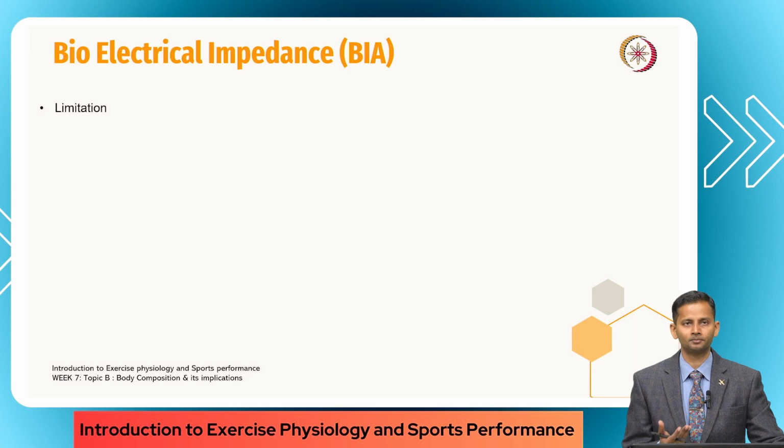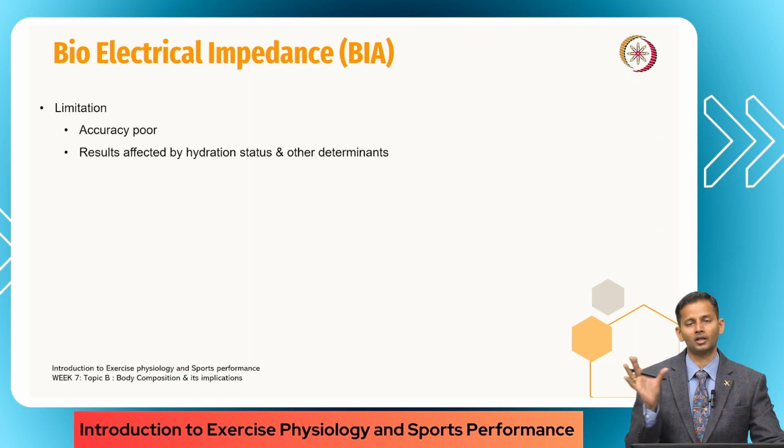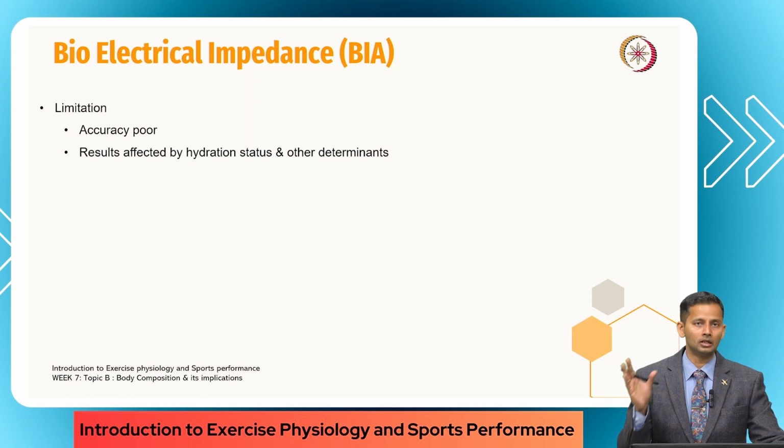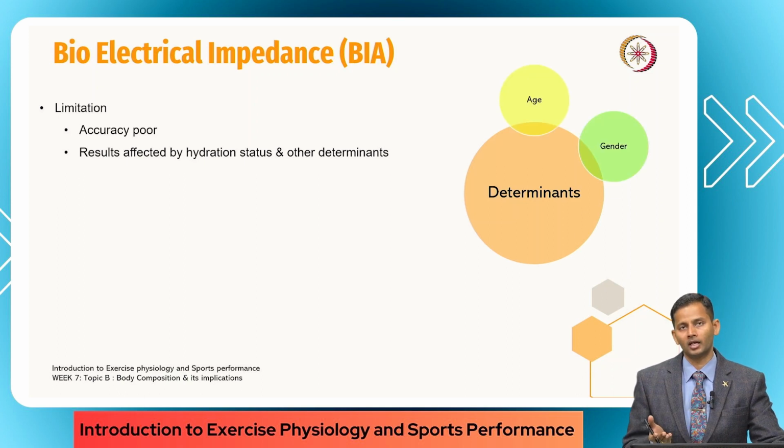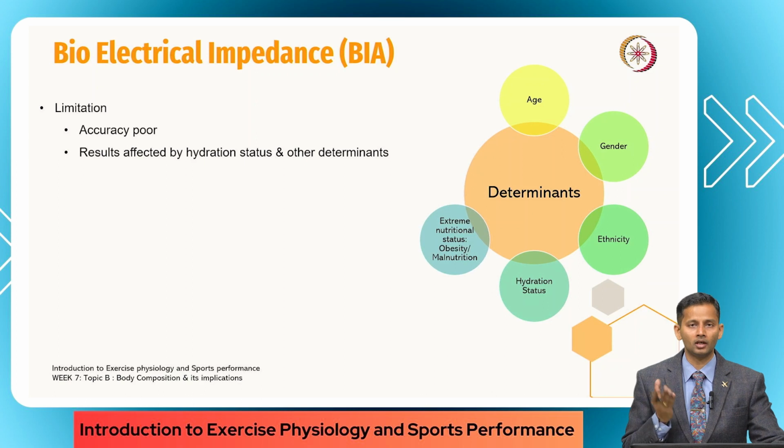to measure. Coming to the limitation of this method, accuracy, as we discussed, is poor because of the large standard error of estimation. Then it is dependent on so many factors including the hydration status, like age, gender, ethnicity, the hydration status as we discussed, the nutritional status of the individual; obesity as well as the malnutrition status can also have an effect.